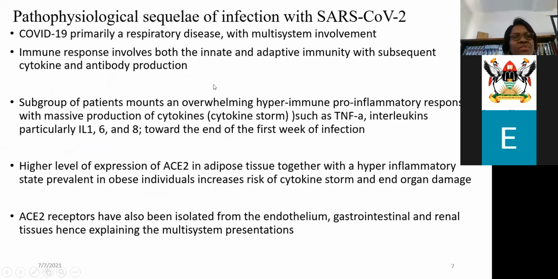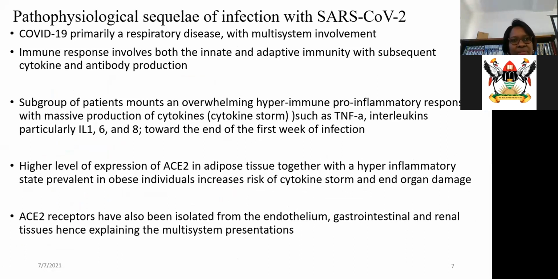As I have said, COVID-19 is primarily a respiratory disease, but it can have multi-system involvement depending on what transpires after the virus has gained entry into the host cells. So the immune response that follows after one is infected with virus involves both the innate and adaptive immunity, with subsequent cellular and humoral immunity coming into place.